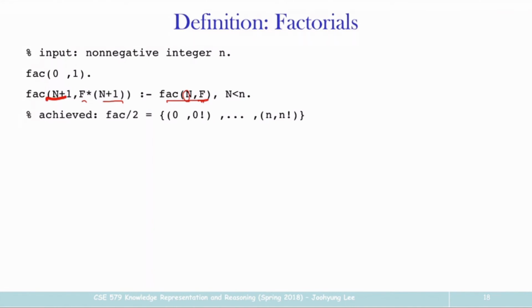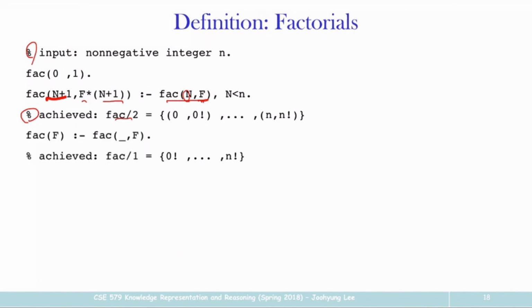So this is a recursive definition of factorial. Everything that starts with the percent sign is a comment. Clingo doesn't care about comments, but they help you understand what has been achieved so far.